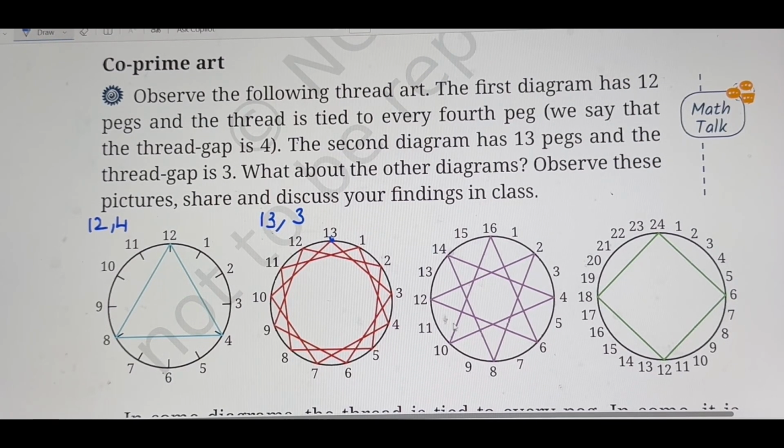Here how many pegs are there? 16 pegs. And let us see the gap. So a gap of 6. The first thread starts from here and comes till 6. Then again 6, like that, 12 to 6. Then here 1, 2, 3, 4, 5, 6, so it is going till 2.